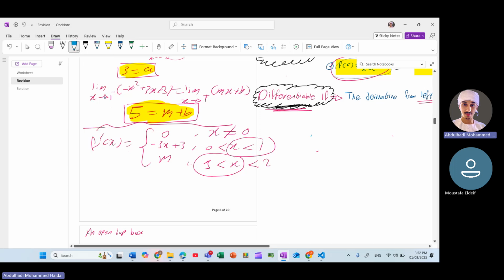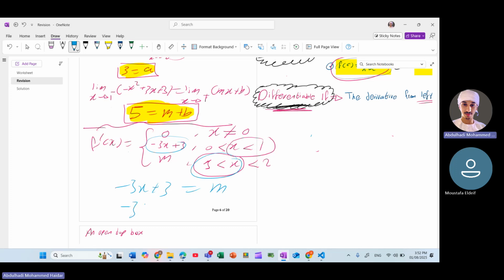So I can substitute it here: minus 3x plus 3 equals, from the right, m. Substitute 1 here.